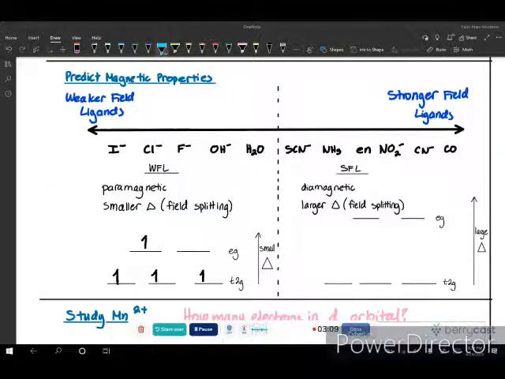Now we need to discuss whether these ligands are strong field or weak field, and you can tell by their placement on this spectrum line. Both ammonia and nitrite are on the stronger field ligand side of the spectrum.